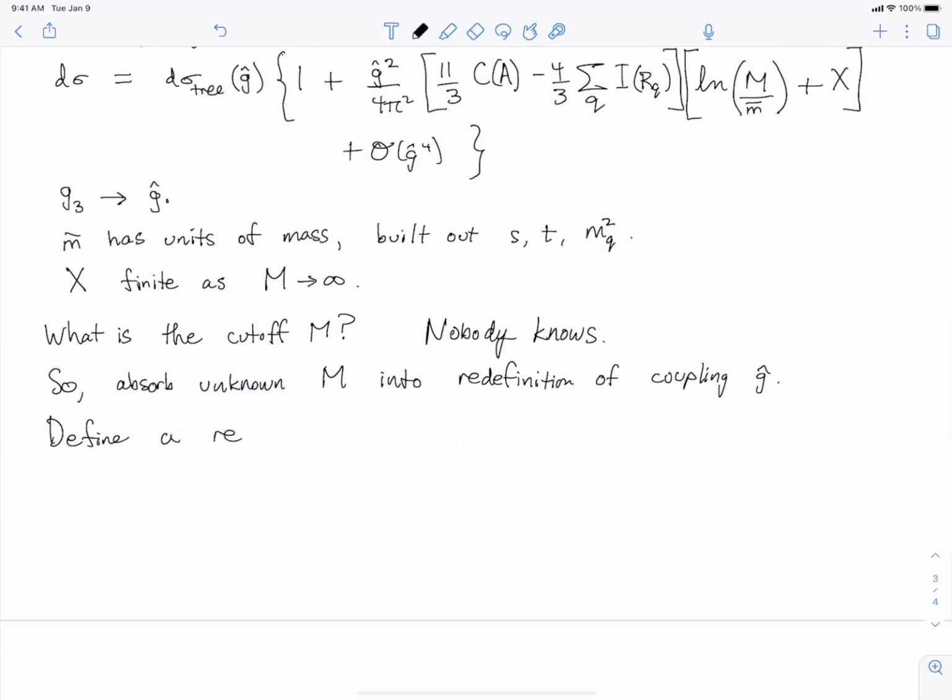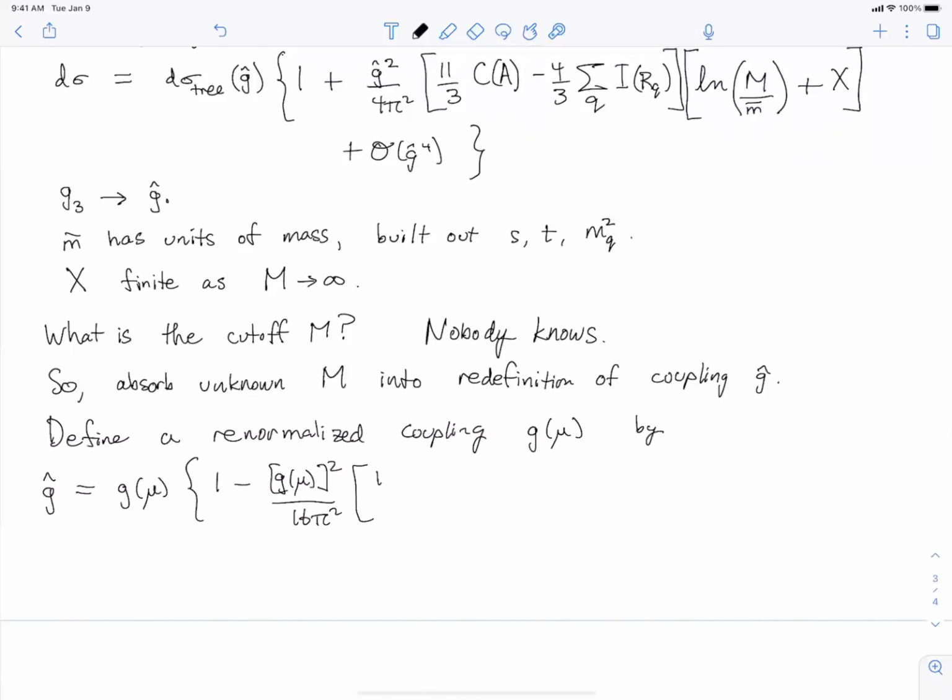So what we do is we define a renormalized coupling. I'm going to call it G, and G is going to be a function of some mysterious quantity that I'm going to call mu by the following. G hat, which was our coupling, is equal to G of mu times a correction factor that looks like this: 1 minus G of mu squared over 16 pi squared, and then we put in the same exact group theory factor.